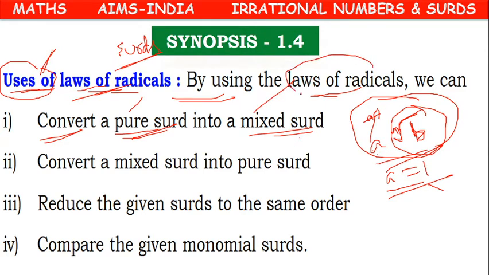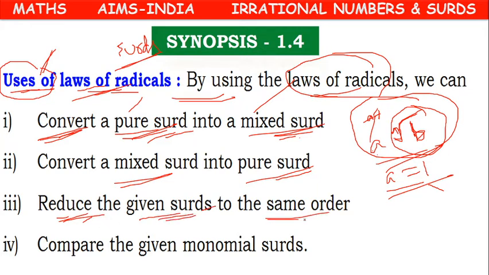So by using the laws of radicals, we can convert a pure surd into a mixed surd, or we can convert a mixed surd into a pure surd, or we can reduce the given surds to the same order. Suppose the given surds are square root of 5, cube root of 7, and fifth root of 9.